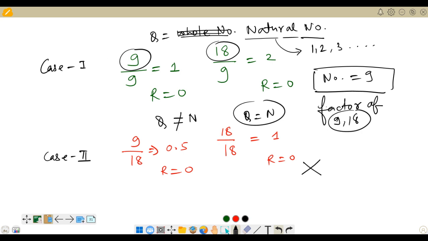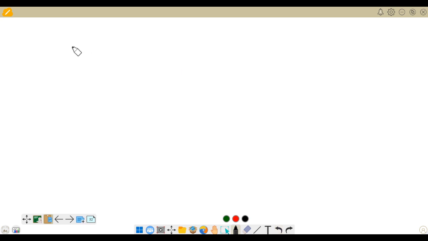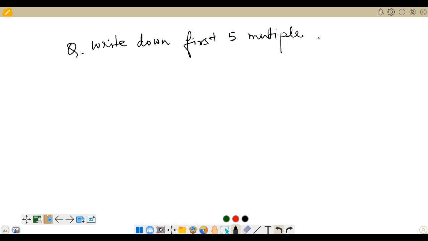Now I'm going to write two questions over here. Write down the first 5 multiples of each, let's say 2 and 5. How can you write the first 5 multiples?